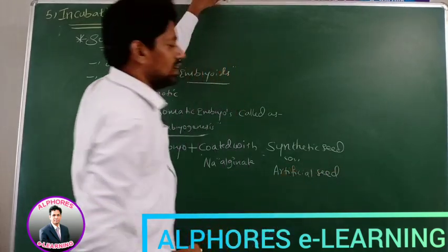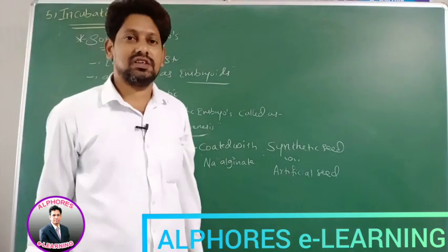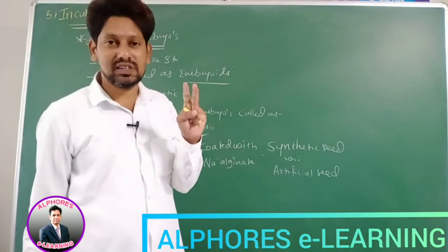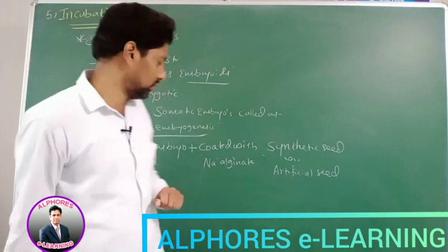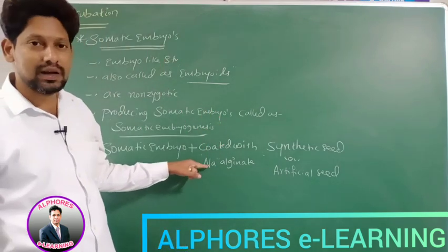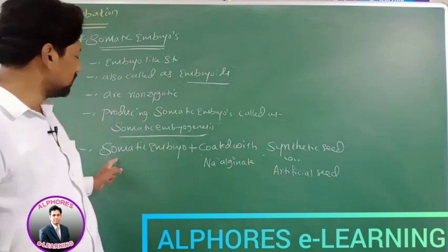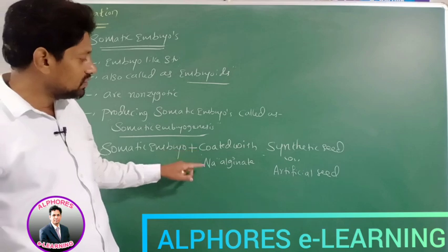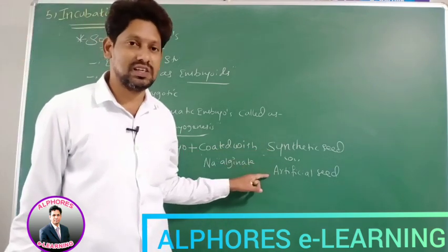See this statement carefully. Generally a seed contains two parts: seed coat and embryo. Here the seed coat is sodium alginate, and the embryo is the somatic embryo. Therefore, when a somatic embryo is coated with sodium alginate, synthetic or artificial seeds are formed.